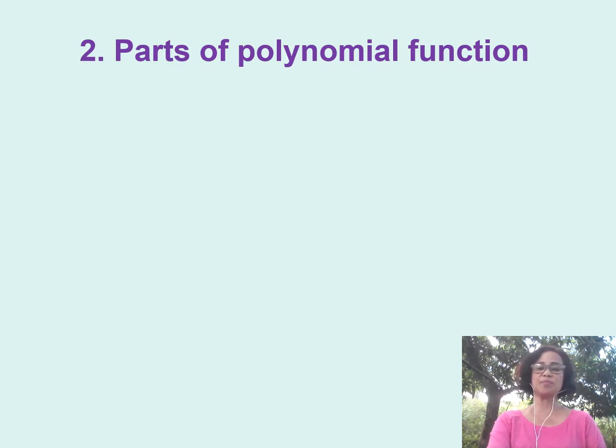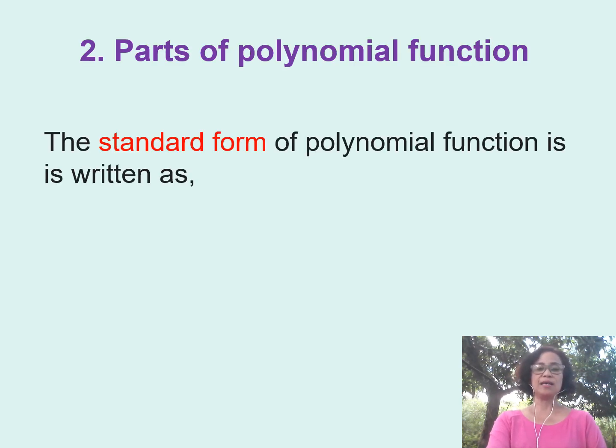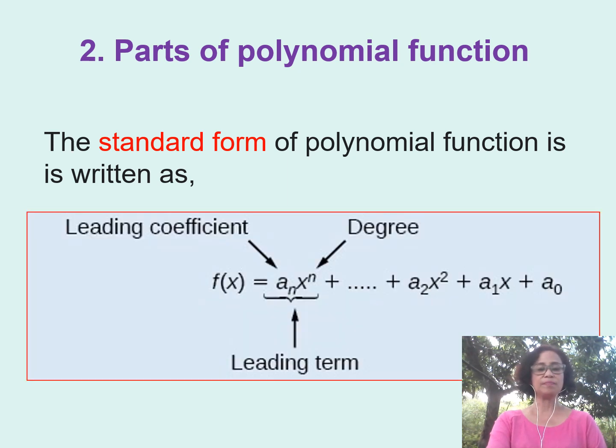Since we know already what a polynomial function is, let us now determine the parts of a polynomial function. The standard form of a polynomial function is written as f(x) = a_n x^n until a_0, or the constant of the polynomial function.